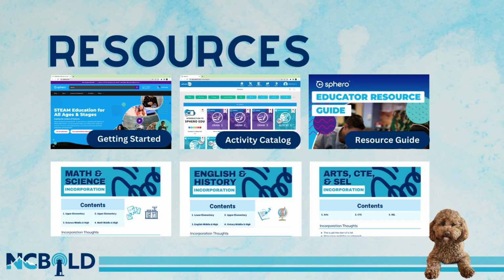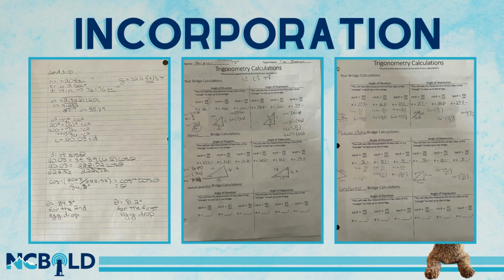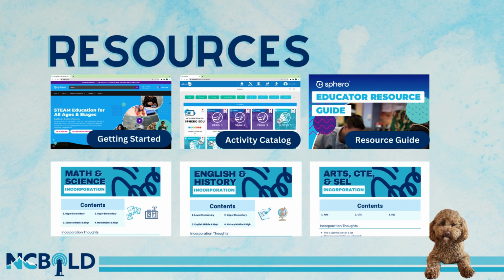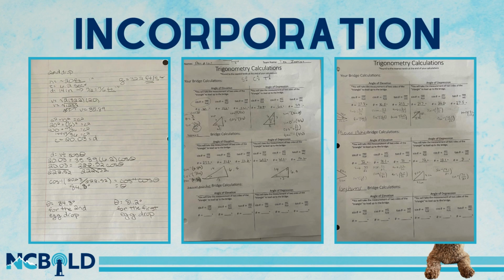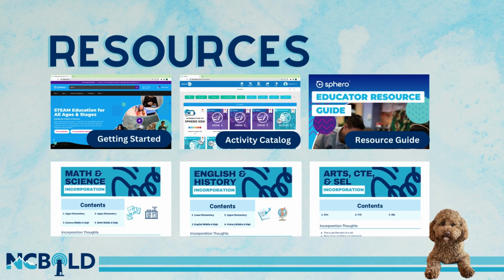And when I say that, what I mean is for that math and science, I have the activity, I have an example picture of the activity, and then for the math, I have the incorporation that we used for the upper levels, and then some of the incorporation that has been used by some other math teachers for the lower levels. And then for the arts and science, I have more of the Sphero activity catalog examples on there.